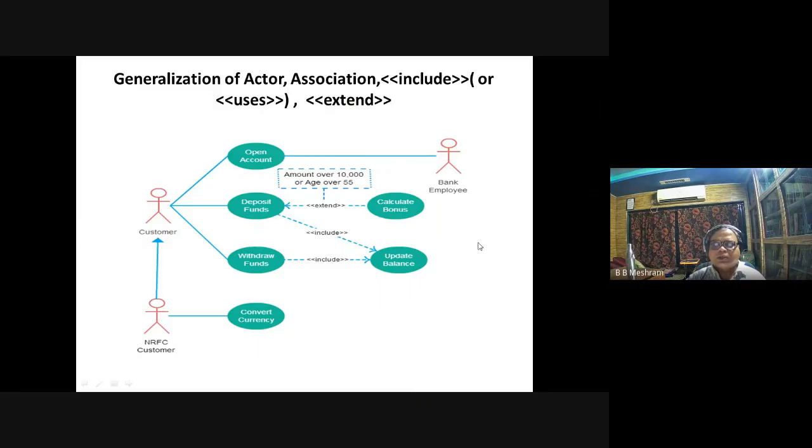So, in this diagram, deposit funds is a base use case and calculate bonus is extended use case. The stereotype used for this relationship is extend, and the arrow is towards the base use case.